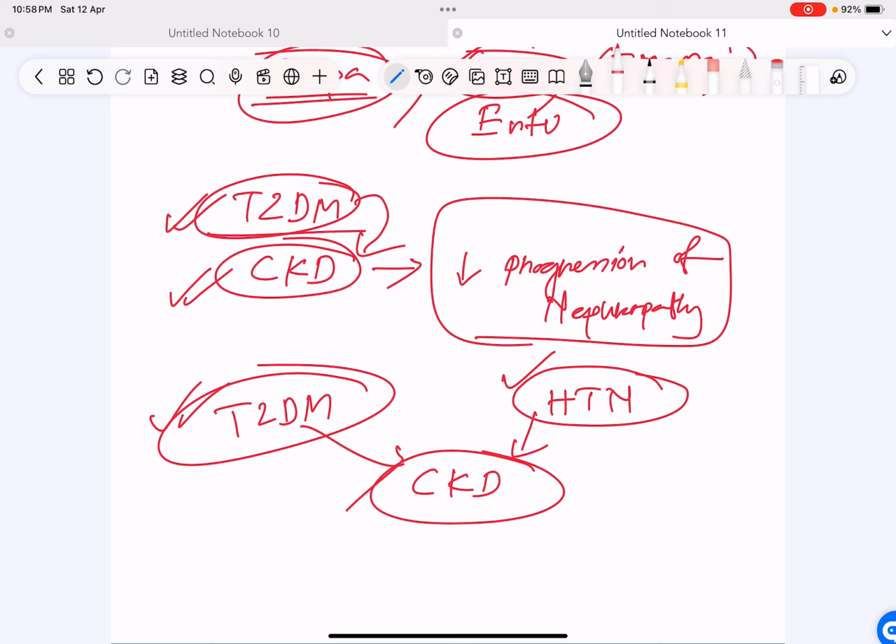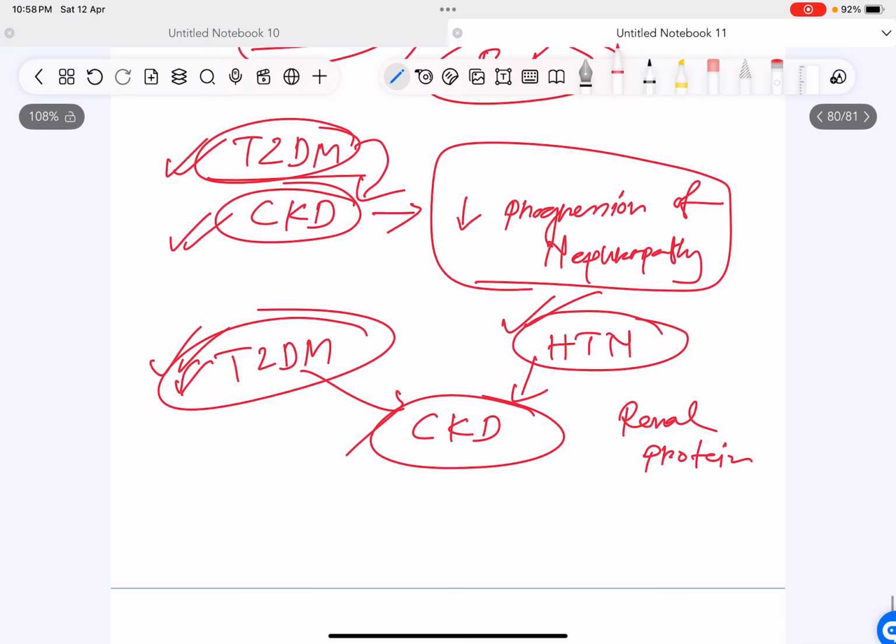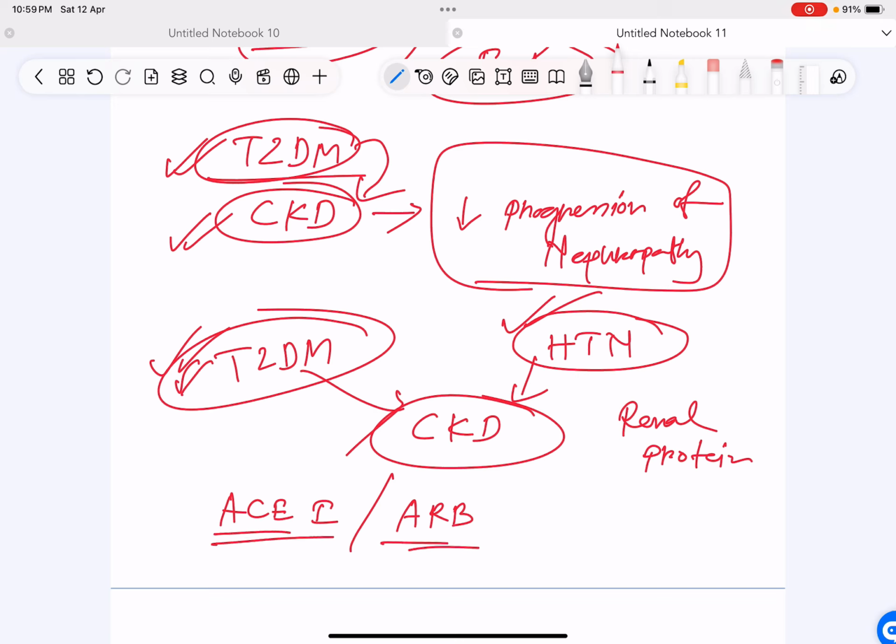To prevent the renal loss of protein, overt proteinuria, we give ACE inhibitors or angiotensin receptor blockers. In type 2 DM patients you should also give SGLT2 inhibitors because they decrease the progression of nephropathy.